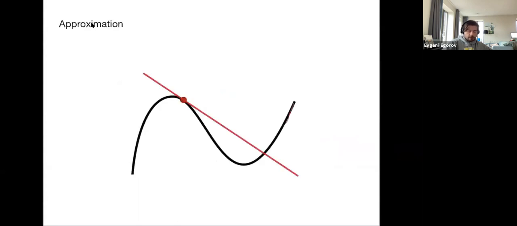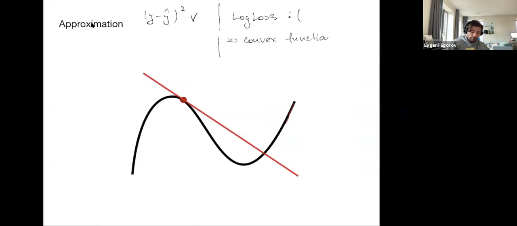Okay, so let's think about what we can do. We know that for MSE we are fine, but for some other functions, like log loss, we are not fine. But usually as a loss function we use some convex function.